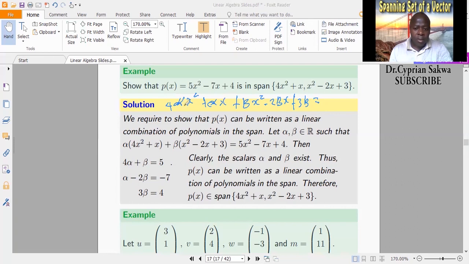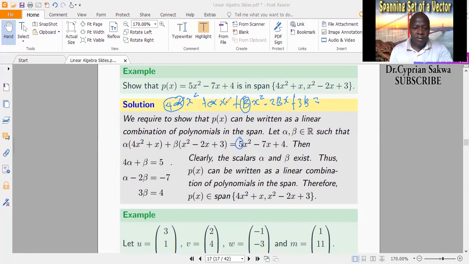So at this point we bring together those that have x squared, and those that have x squared is 4 alpha plus beta. 4 alpha plus beta is equal to the other one, that is x squared, this side is 5.